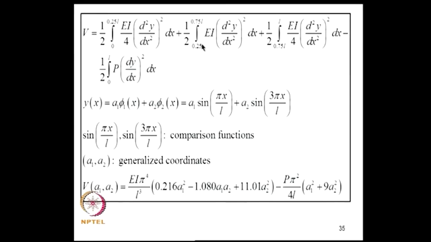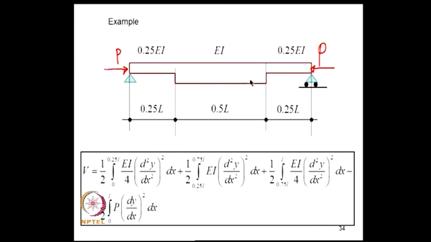Now, I can try a two term solution. I will take A1 sin pi x by L plus A2 sin 3 pi x by L. If the beam were uniform, sin pi x by L would be an eigenfunction, because it is the true buckling mode shape of the beam.